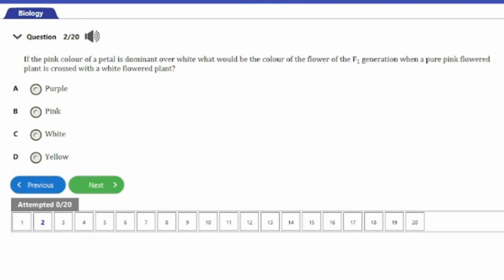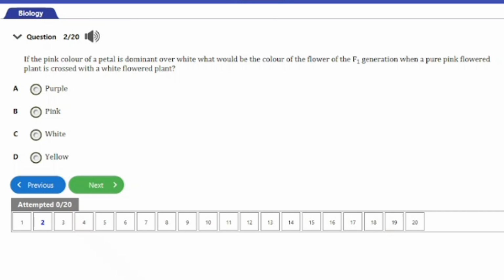Question number 2 says, if the pink color of a petal is dominant over the white, what will be the color of the flower of the F1 generation when a pure pink flower plant is crossed with a white flower plant? A. Purple. B. Pink.